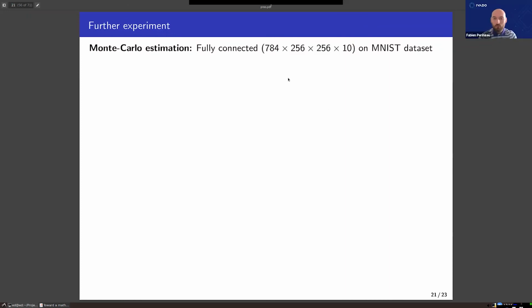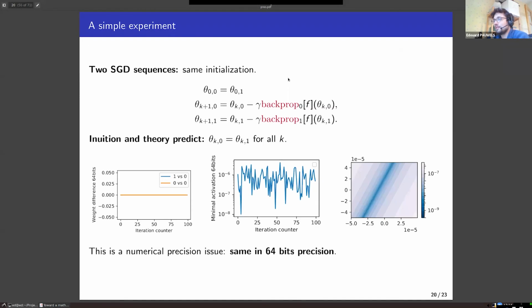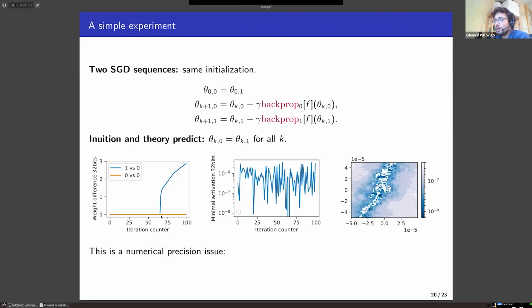What is the order of magnitude of the variation of the backpropagation? For example, for 16 bits floating point precision, is the difference visible as well? The order of magnitude of the difference is of the order of this jump.